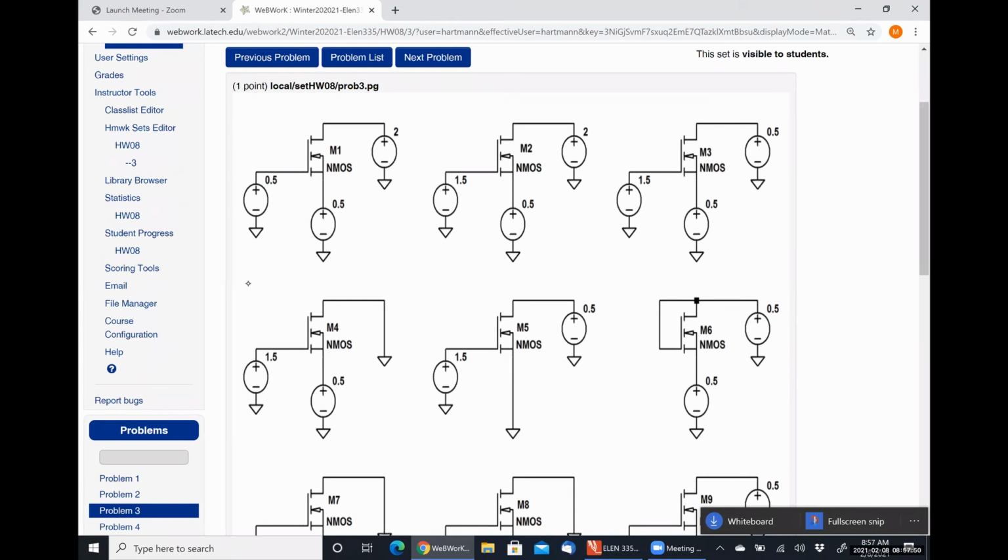So the arrow is on the body instead of the source in this particular model, but the source is the one that's tied to that. So for our top leftmost transistor, what's VGS?